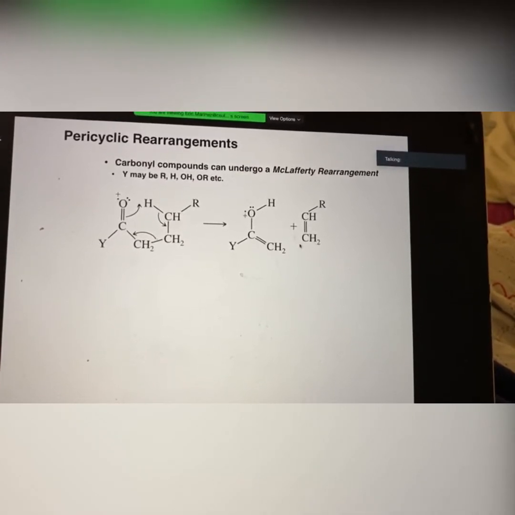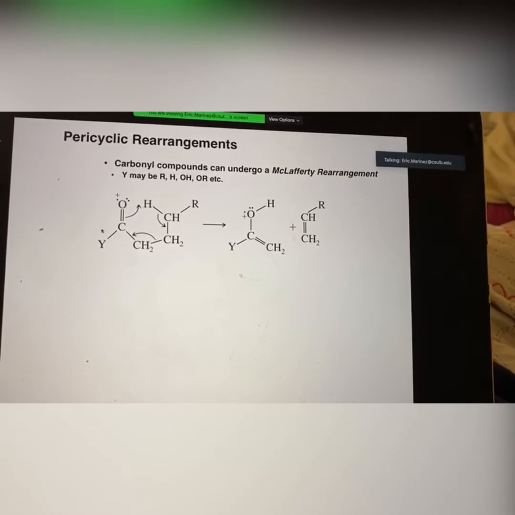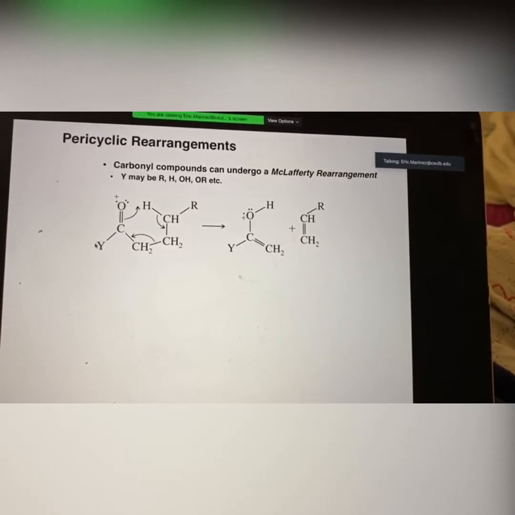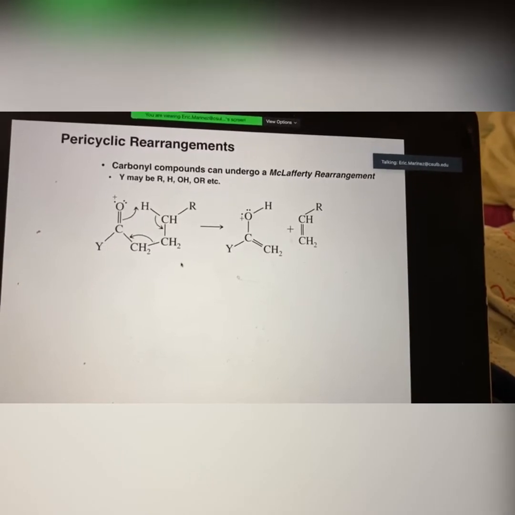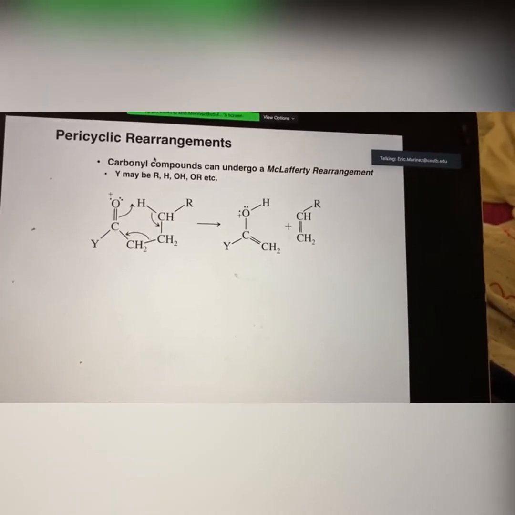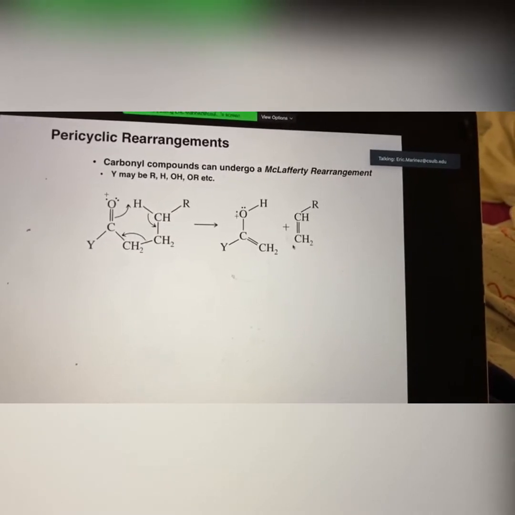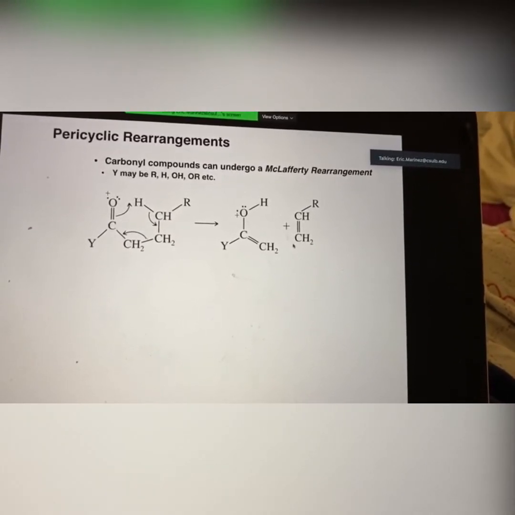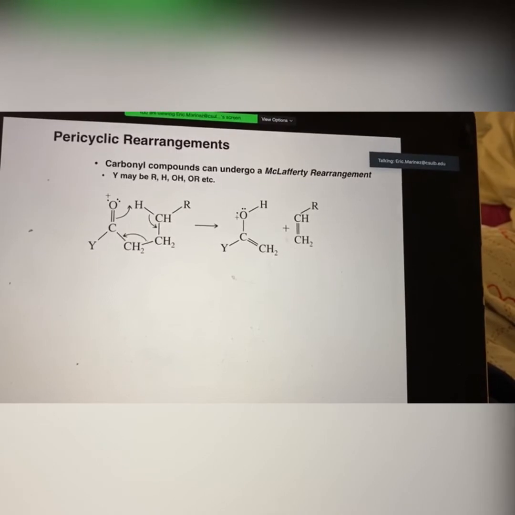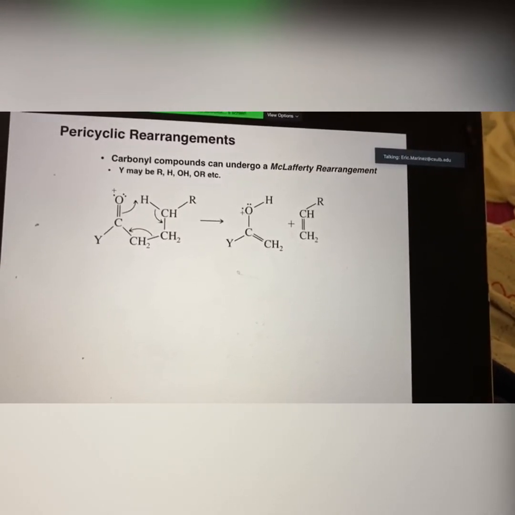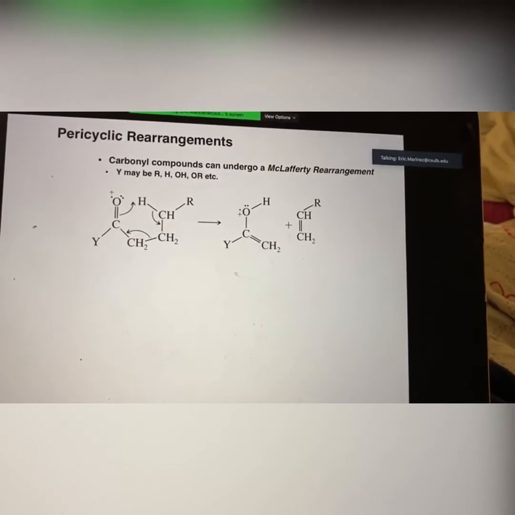So Y could be anything: aldehydes, ketones, amides, esters, whatever you call it. What I don't have here, and I won't ask this, but I want you to conceptualize, is that one of the things we just learned in these past few chapters, particularly in the carboxylic acid chapter, is that nitriles belong in this category.